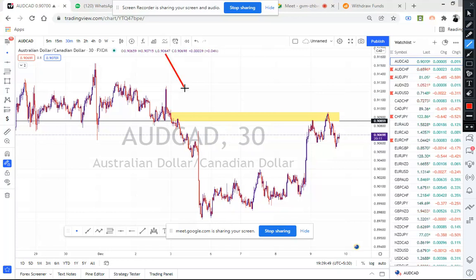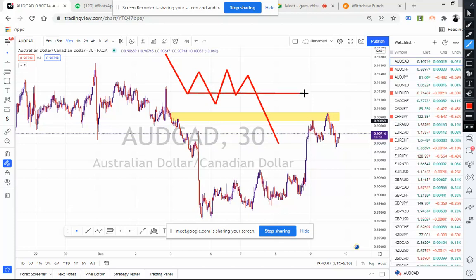The market moves down, moves up, moves down, moves up, then moves down again and moves up and breaks. This is a significant support area.